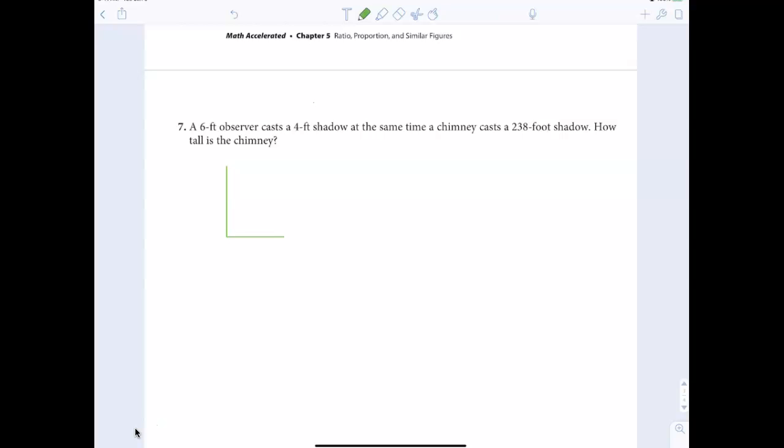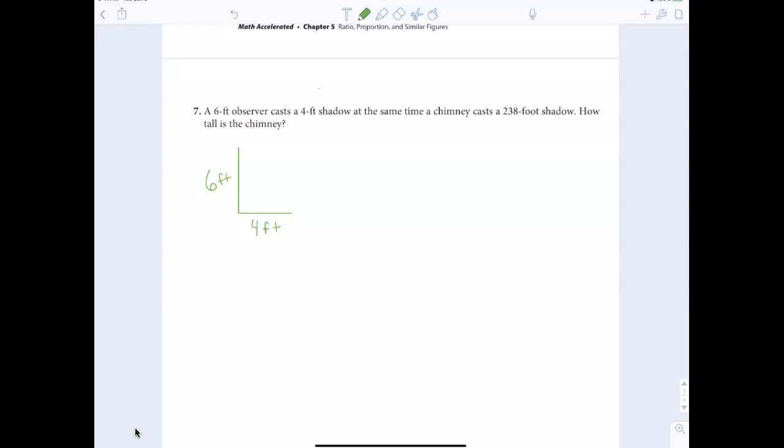So the person here is 6 feet tall and his shadow is 4 feet. Now you have a chimney that has a 238-foot shadow, which means it's a lot bigger. Does everybody agree? So then we would draw out the 238 feet and then the tower would be a lot bigger.